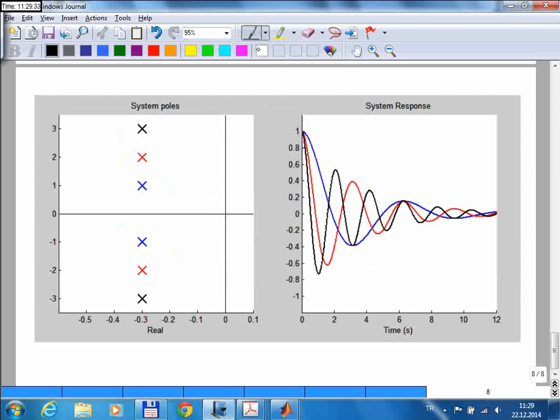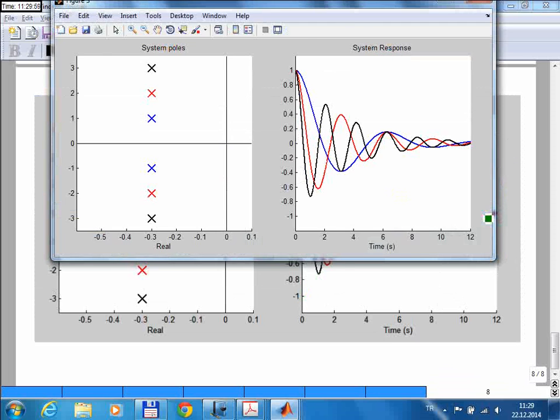So if you want to draw an envelope to these oscillations, it should be something like that, right? You can see that they all oscillate within the same envelope, but their frequencies are different.